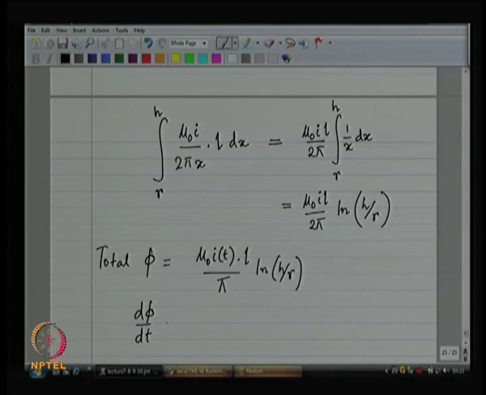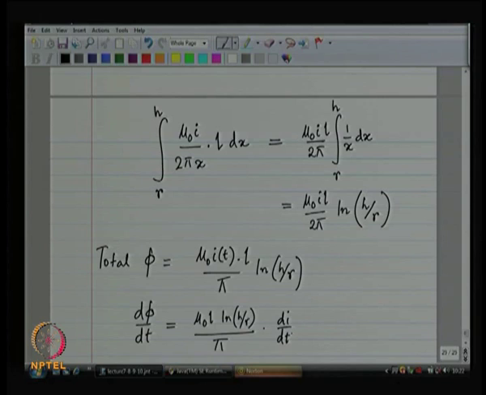It resists the rate of change of flux, which basically means that I get a potential drop across this wire, which is equal to d phi by dt, and that is going to be equal to mu naught L ln h by r by pi times d I by dt.